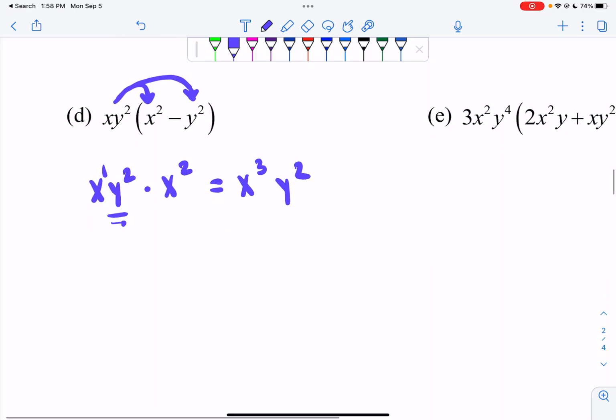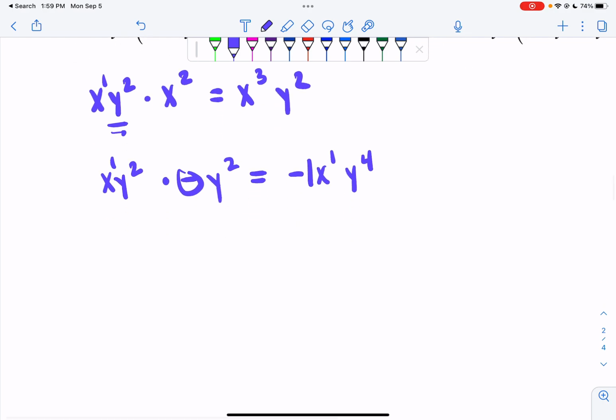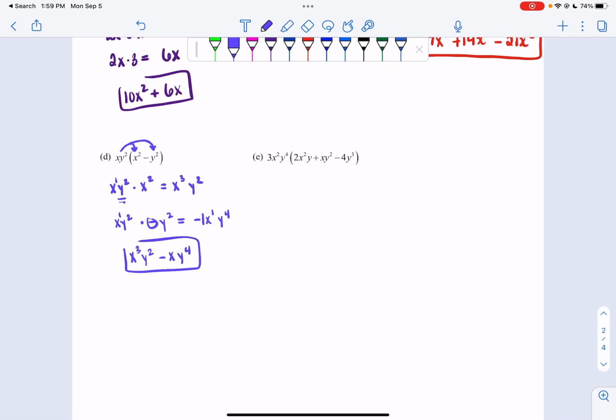Now I do xy squared times negative y squared. So this negative is going to carry, and then I just rewrite it as negative 1x to the first, and y squared times y squared is y to the 4th, because 2 plus 2 is 4. So this really becomes x to the third y squared minus, you don't have to write the 1, you can just write x y to the 4th. And that's your final answer.